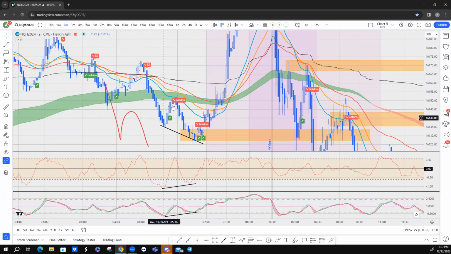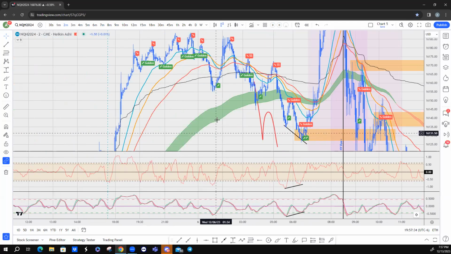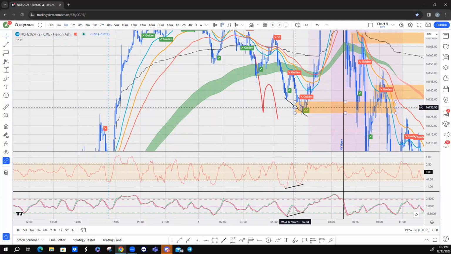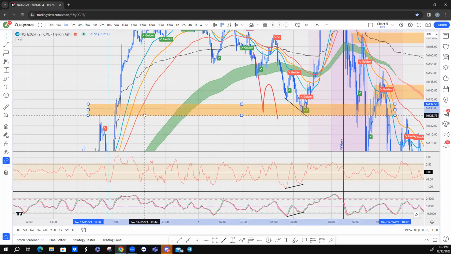So because this is a nice divergence and it's probably into a zone in here, this probably triggered, even from this wick coming up. And that's all it needs sometimes. It just triggers that wick.